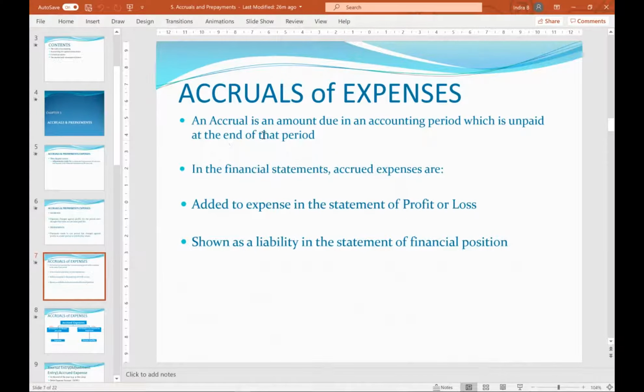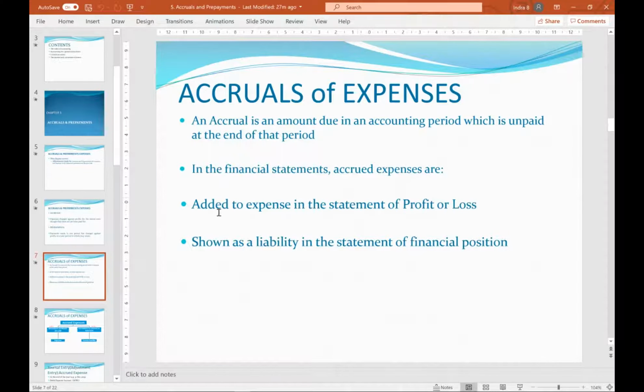An accrual is an amount due in an accounting period which is unpaid at the end of that period. In the financial statements, accrued expenses are added to the expenses in the statement of profit or loss. We learned in the previous chapters that we are going to do the extended trial balance, in which we have adjustment columns.